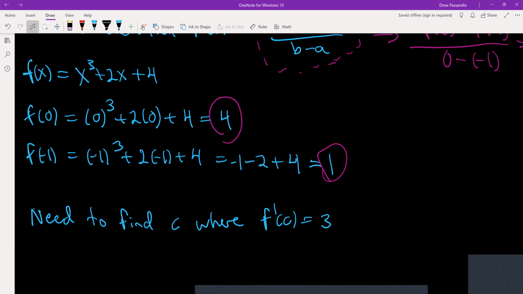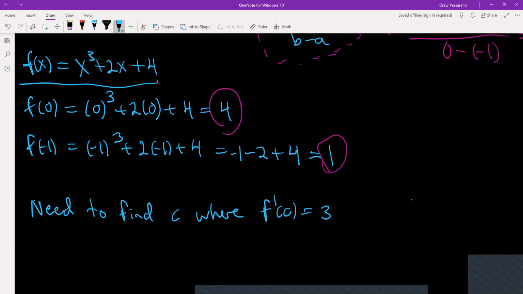All right, and our function's x cubed plus 2x plus 4. So for its derivative, f prime of x, that's going to equal the derivative of x cubed, which is 3x squared. Derivative of 2x, that'll be plus 2 times 1.